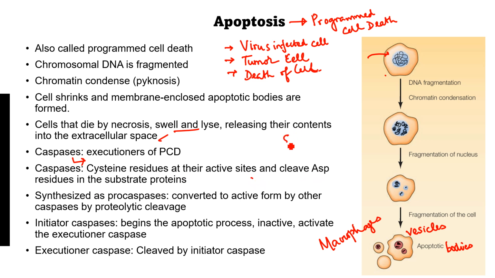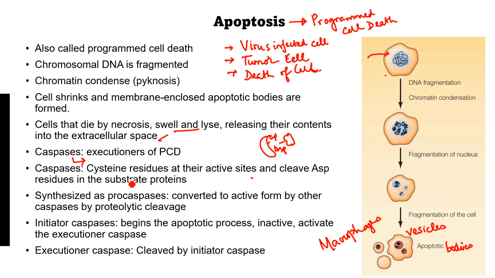If there is a substrate protein that has to be degraded, it will have an aspartic residue, and the caspases have a cysteine residue at their active site. When caspases act on this protein, it will activate that protein to cause or activate a further cascade of reactions.